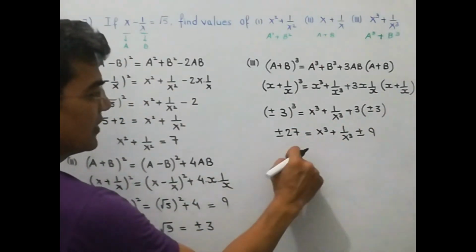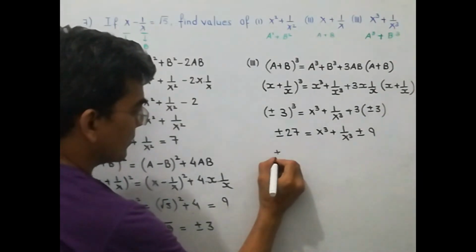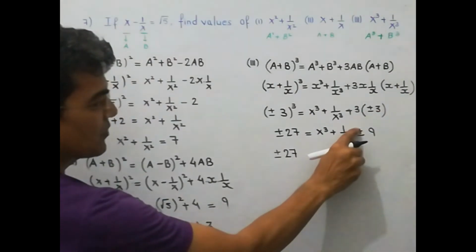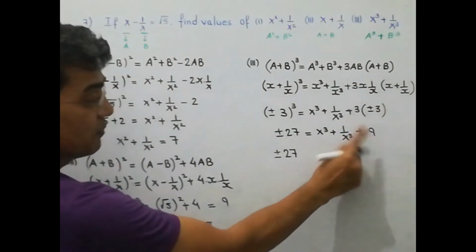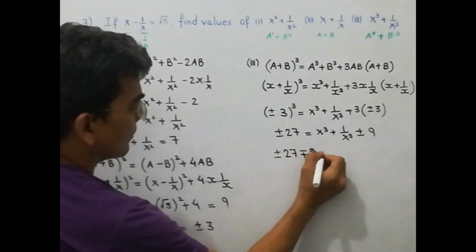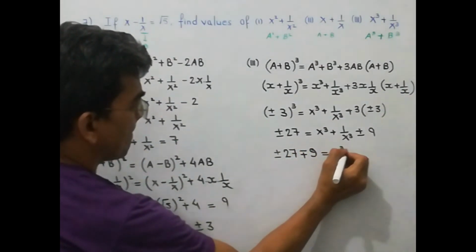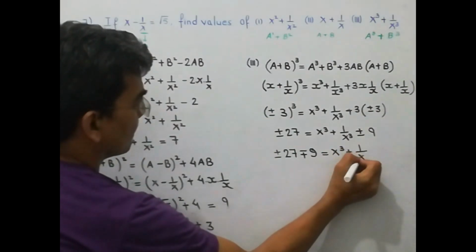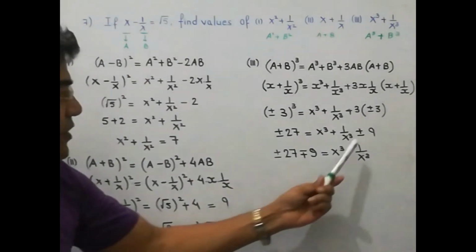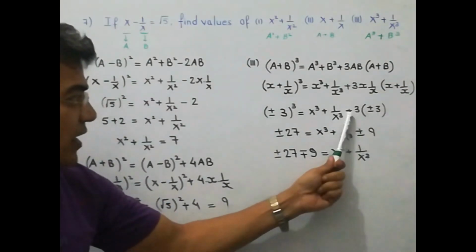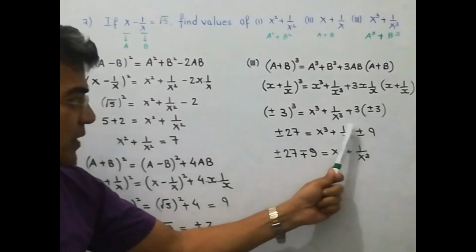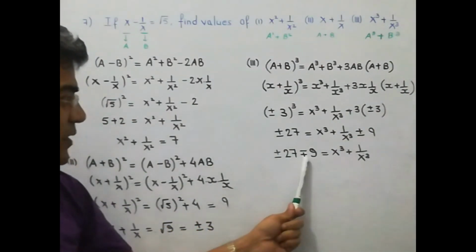Now you will transfer it this side. Now when this will be transferred, this plus will become minus and minus will become plus. See here, this was giving you plus 9 and minus 9. So when you transfer it, then this plus becomes minus and this minus becomes plus.